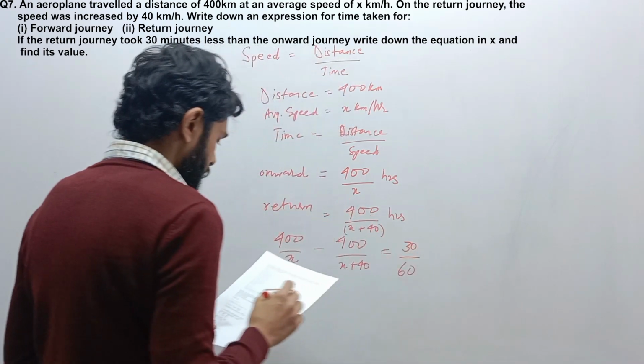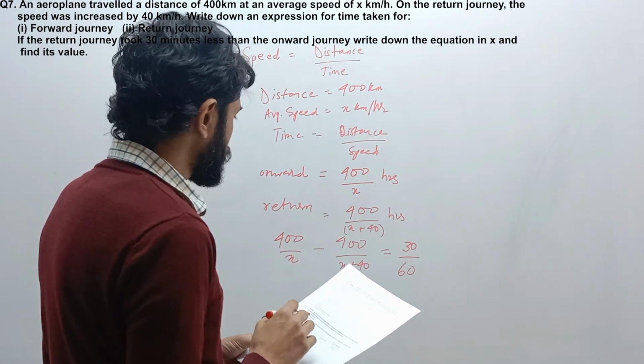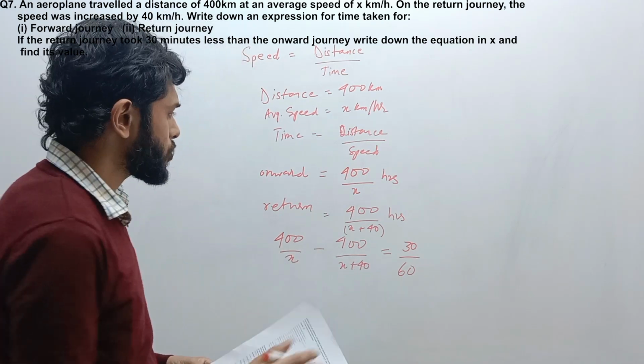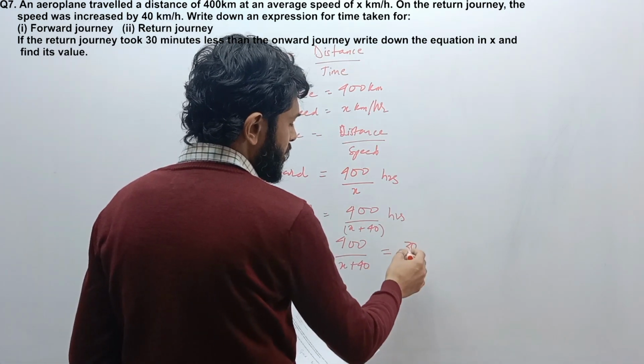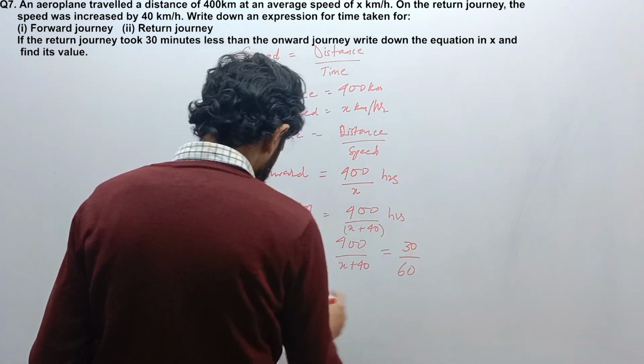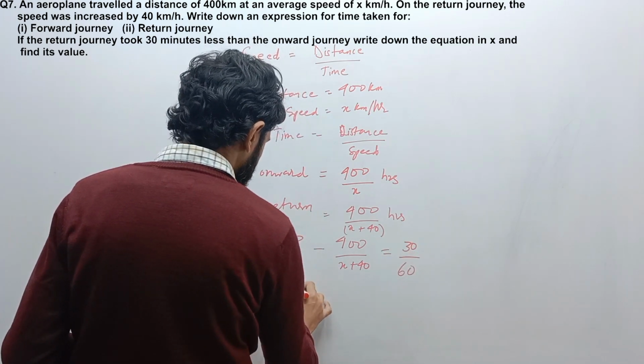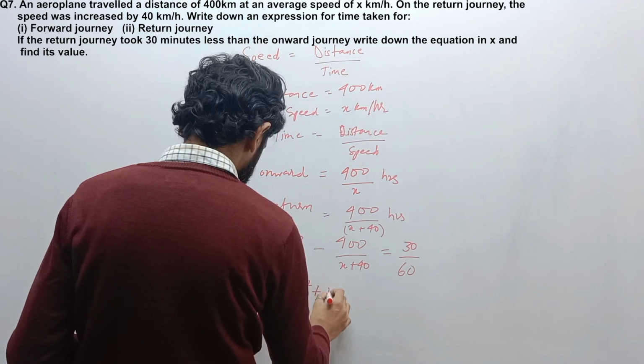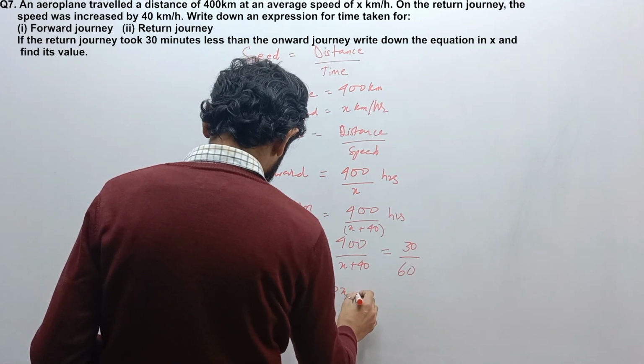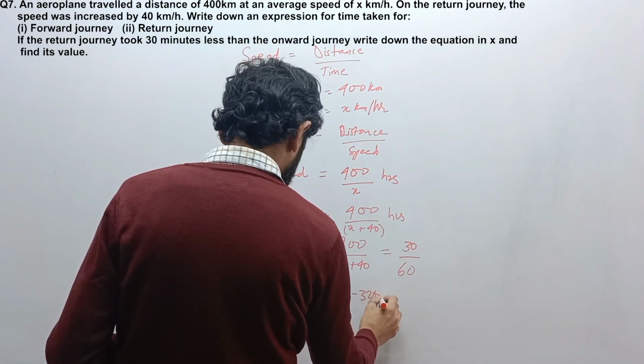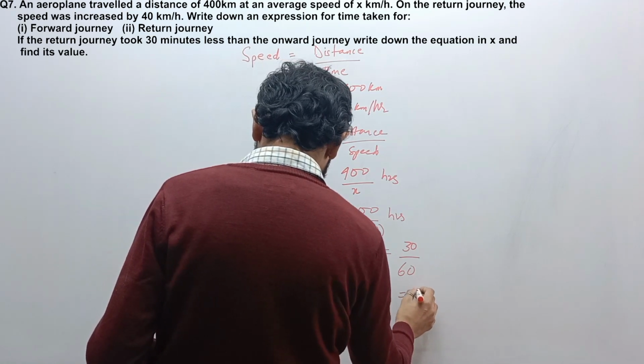Why? As the return journey took 30 minutes less, I have converted these 30 minutes into hours. So upon solving this, we get our quadratic equation as x² + 40x − 32000 = 0.